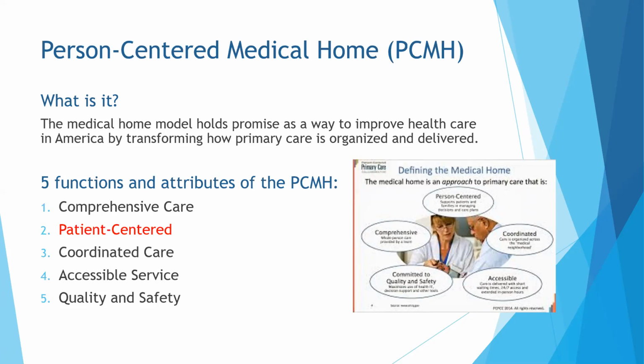Accessible service, and then quality and safety. The primary medical care has a relationship-based orientation toward the whole person, and it requires partnering with patients and their families, and requires understanding and respecting each person's unique needs and culture and values and preferences, which can sometimes be challenging.